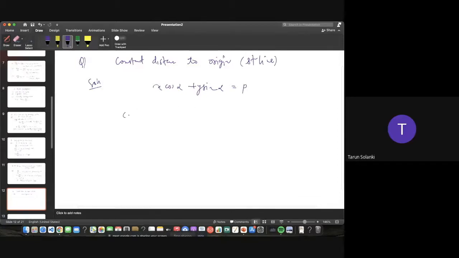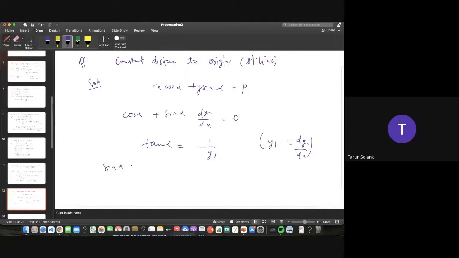Differentiating both sides, you will get cos alpha plus sin alpha dy/dx equals 0. So tan alpha will be minus 1 upon y1, where y1 equals dy/dx.